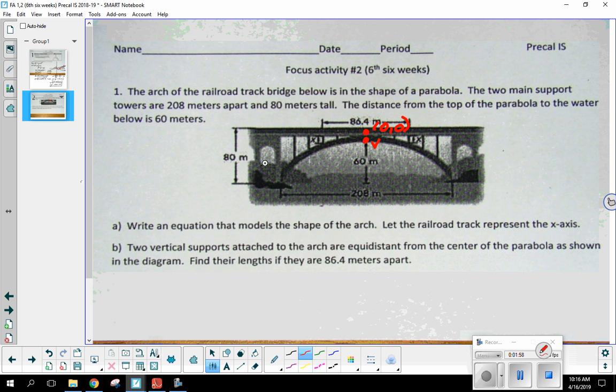There you go. There's a 20-meter difference. These support towers on either side, they're 80 meters tall, but from the water to the parabola itself, when it hits it, that's only 60. So she's absolutely right. So this vertex right here is 0, negative 20. And we can also go ahead and get a couple of points on the parabola as well. What would this right side point be?